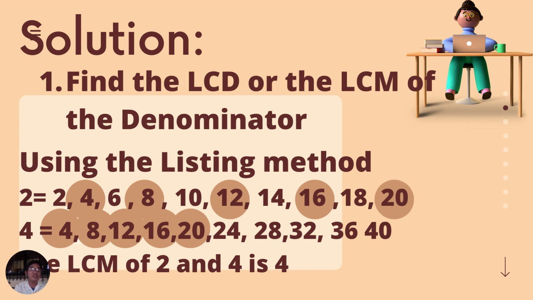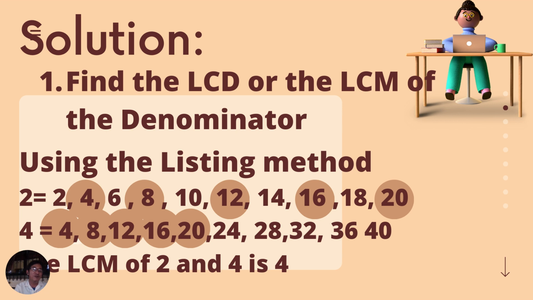Solution, first is to find the LCD or the LCM of the denominators. Your LCM will become your LCD or the least common denominator. Using the listing method, we have 2, the denominator of 1/2, and 4, the denominator of 1/4. The multiples of 2 are 2, 4, 6, 8, 10, 12, 14, 16, 18, and 20.